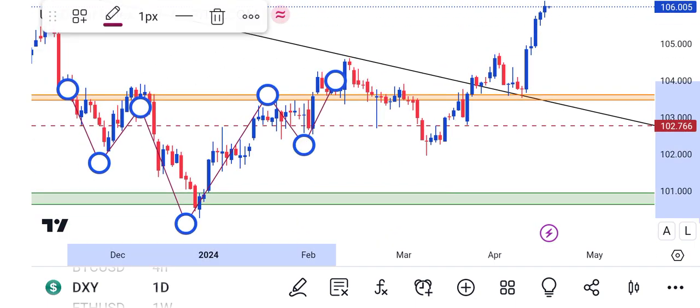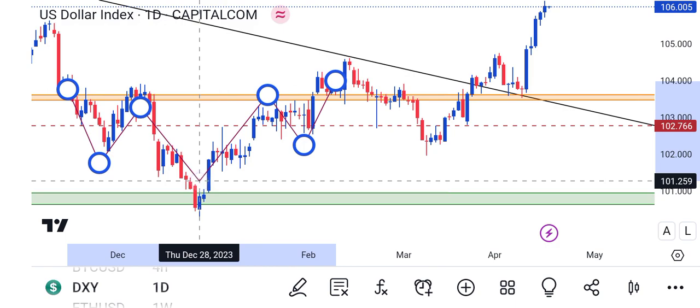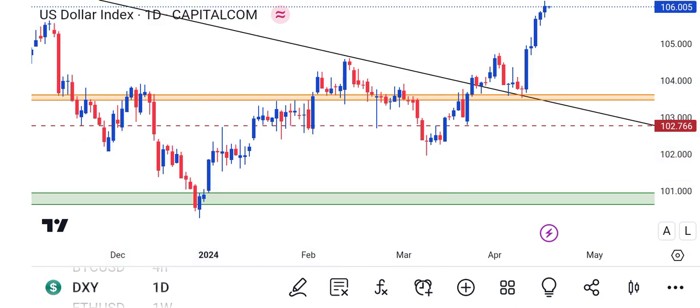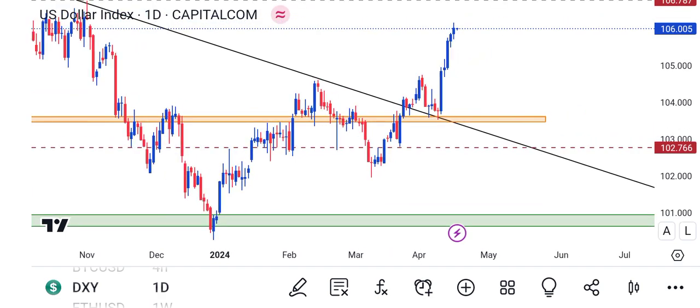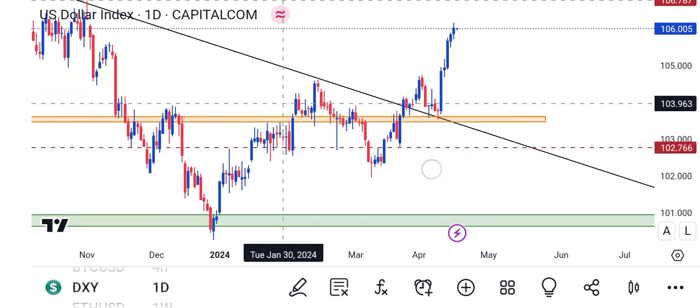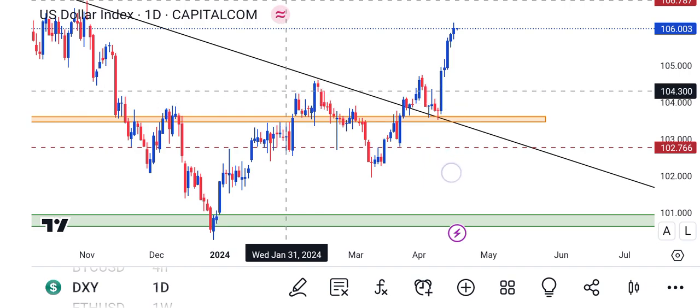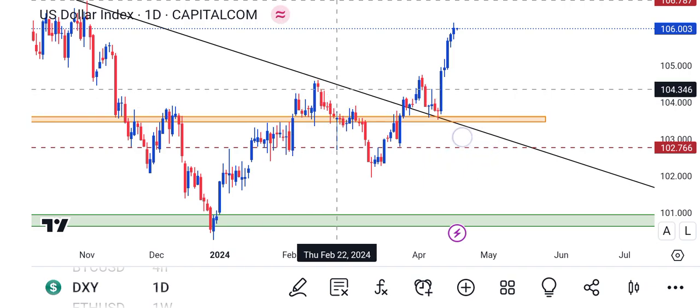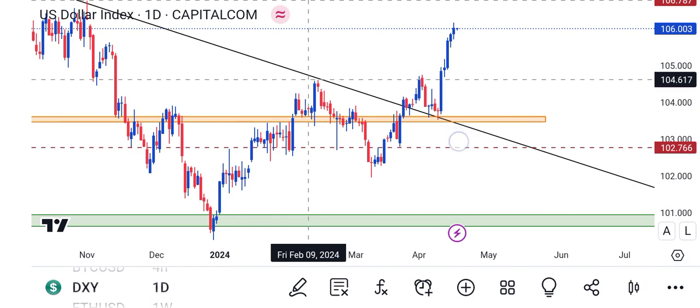I don't know if I can move this. Price still gave us a second inverse head and shoulders. It came down from this point. Sorry guys, 1 minute.